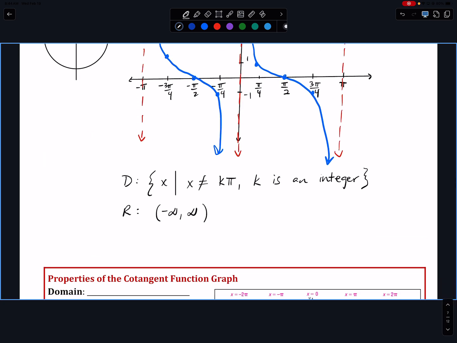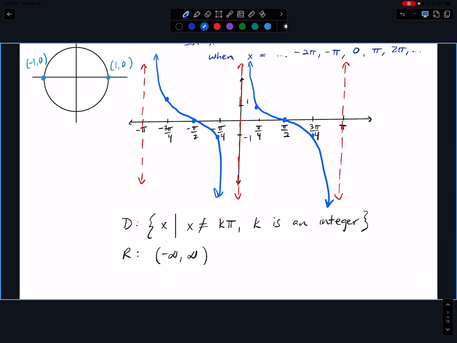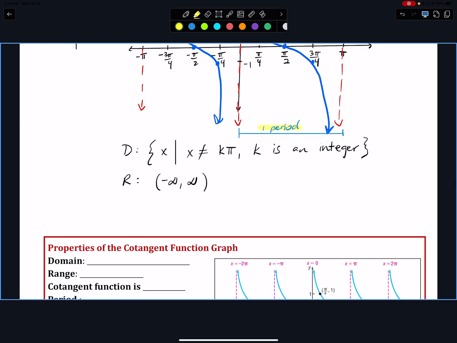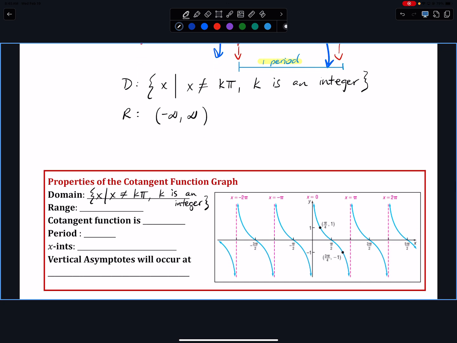We're gonna write it again. Forgot to do this. This represents one period. So on your graph, just label that. This represents one period. And remember the period is pi. So the domain we said is all x, where x cannot be k pi, where k is an integer. The range is all real numbers.